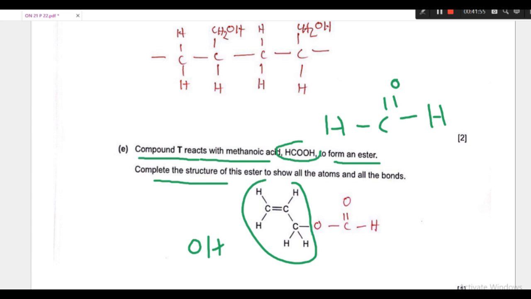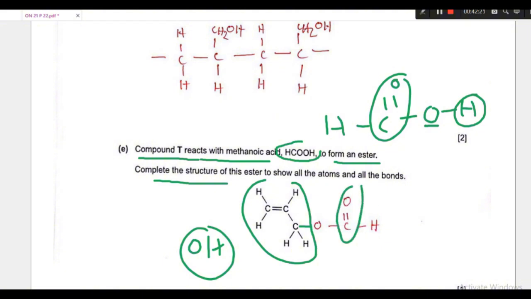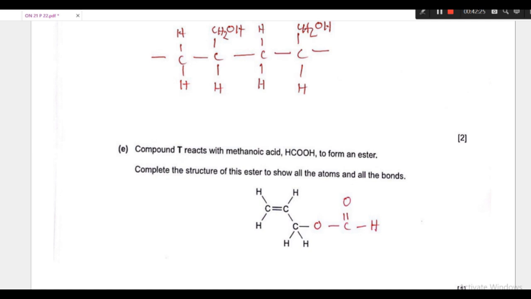Alcohol loses the OH group, the acid loses the hydrogen, then after this the bond is open, O, CO, CO H. This is the structure of this ester.